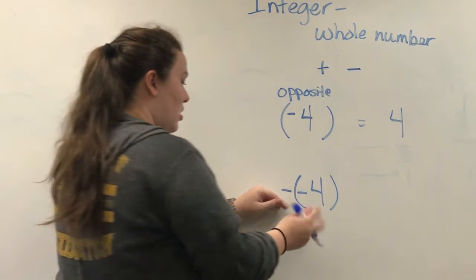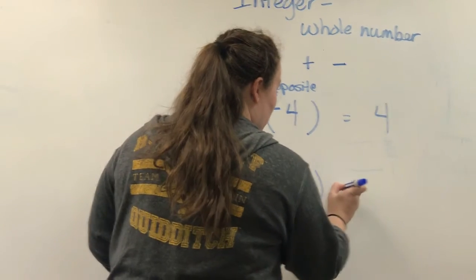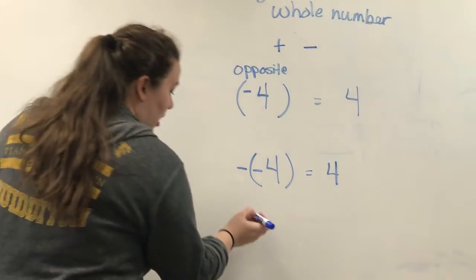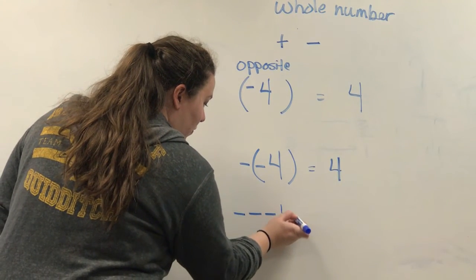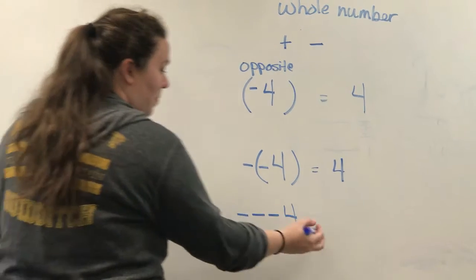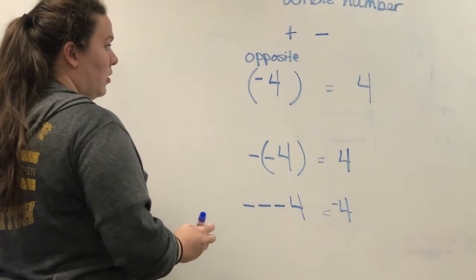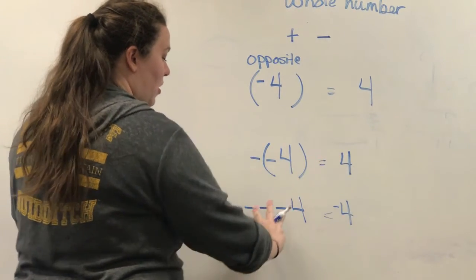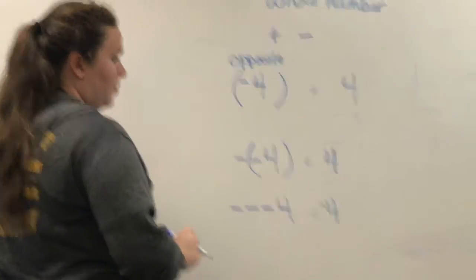So this, since there's 2, they cancel each other out, so it's going to be a positive 4. If I did negative, negative, negative 4, it's an odd number, so the answer would be negative 4. Okay? Even numbers makes it positive. Odd numbers such as 3 make it a negative again. Okay?